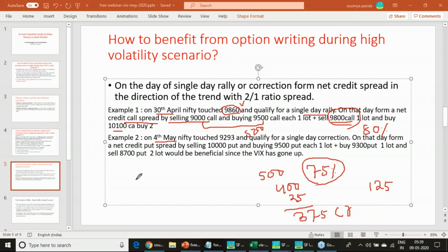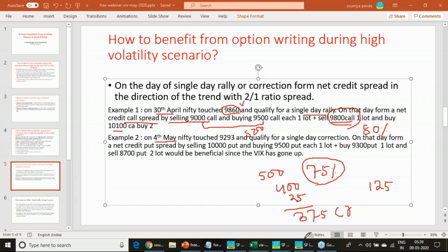So for this 30th April, Nifty has given a single day rally, and I am forming a credit call spread. My qualifying criterion for this credit call spread: the difference between the strikes is 500 points.